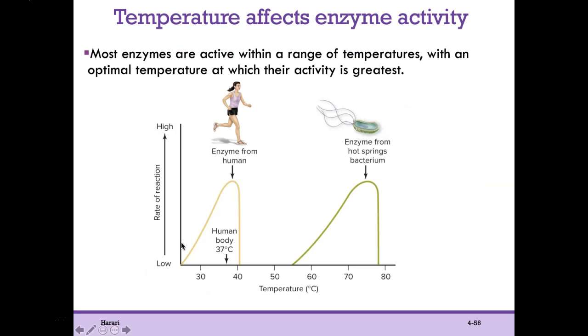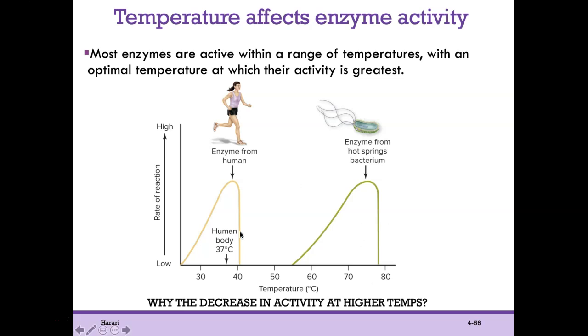Temperature is also a very important factor. Many enzymes are active within a range of temperatures, but have a special optimal temperature in which their activity is greatest. Most human enzymes work optimally around 37 degrees Celsius, which is our internal temperature. Whereas an enzyme from bacteria that live in hot springs might function optimally at 75 degrees Celsius. So again, every enzyme is different.